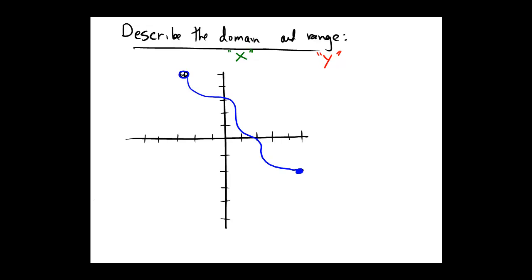Looking at the graph here, we have x values that go all the way down to -1, -2, -3, because the graph begins being drawn at the x value of -3. So our domain is going to start at -3.